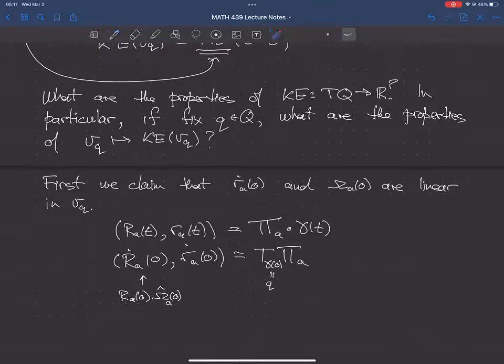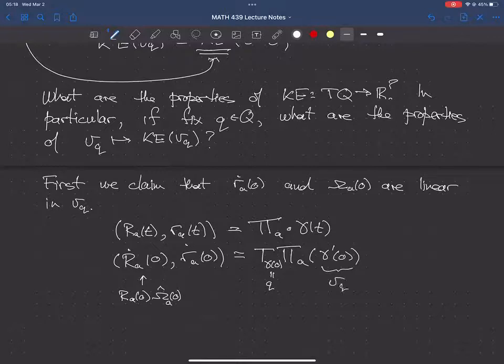Remember we wrote this down in coordinates. This is just the Jacobian in coordinates. Then we need to take the derivative with respect to t of gamma, and we did that. We carefully took a mapping from R into Q and looked at its derivative, and we introduced some notation for that, which was gamma prime at 0. Of course, gamma prime at 0 is just VQ.